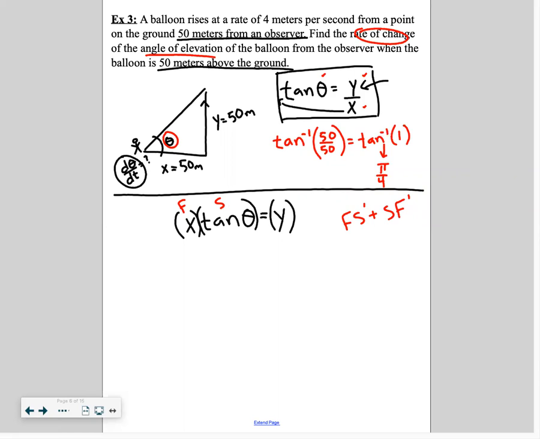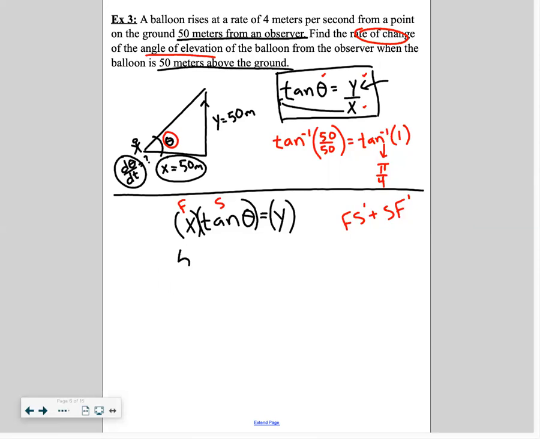So if I were to take my derivative, I would have x. Actually, let me back up one second. You could work through the product rule here, but I just noticed that another shortcut would just be knowing that your x does not change. Your x is always 50. Nothing's changing on x.